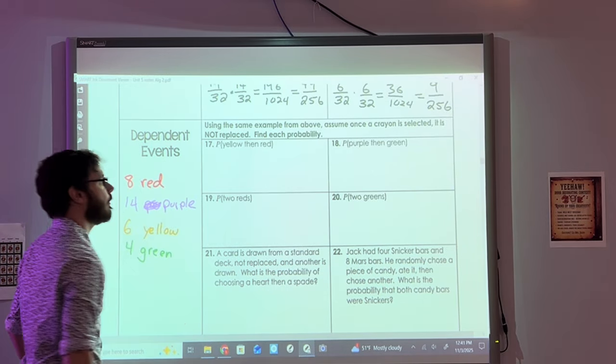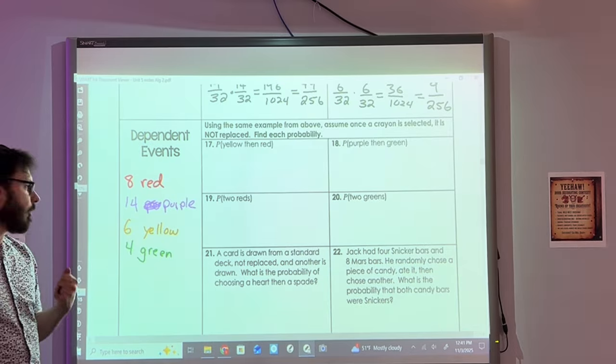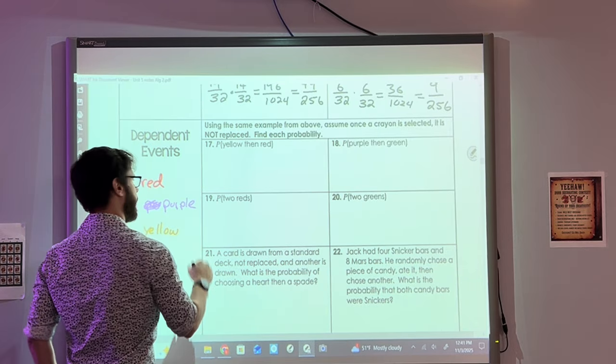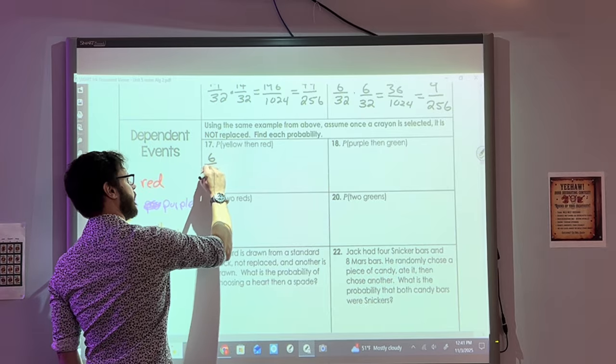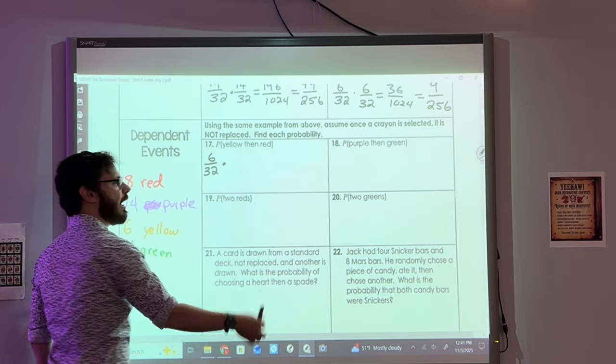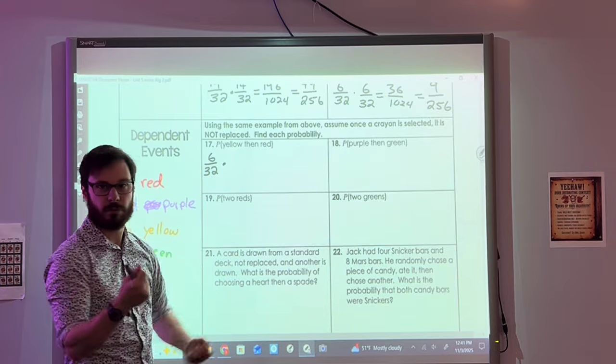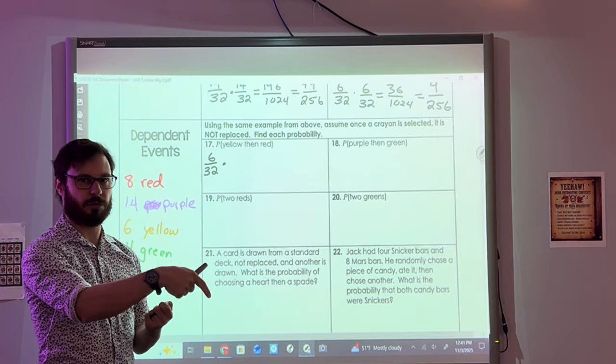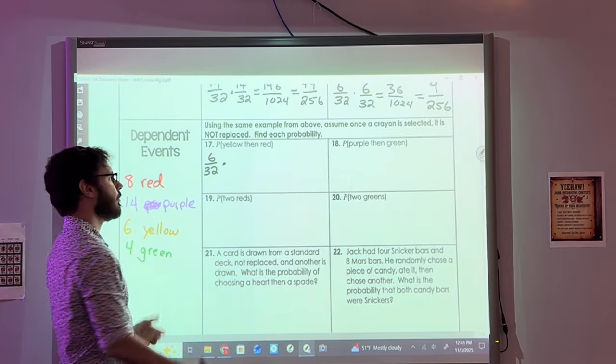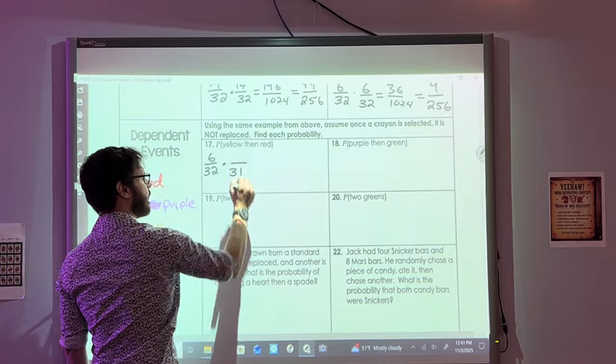Okay, all right. The probability I pick a yellow crayon is still the same. There's 6 out of 32 options. But now I pulled that yellow crayon out. I'm assuming I'm going to take that crayon and chuck it across the room. Now there's no longer 32 crayons in the bag. There's only 31.